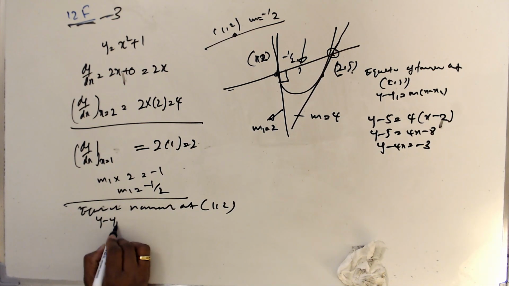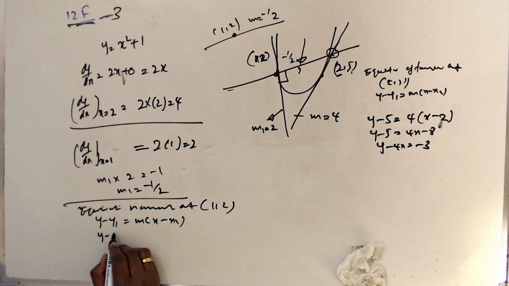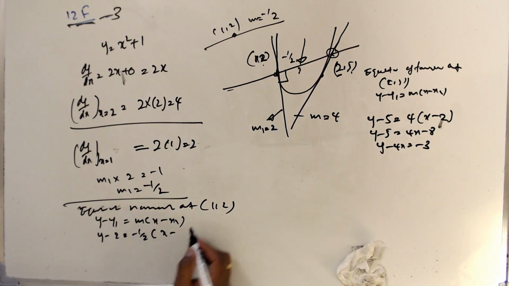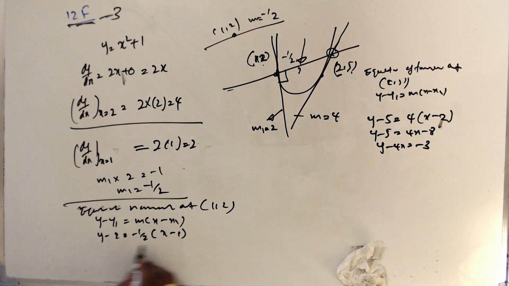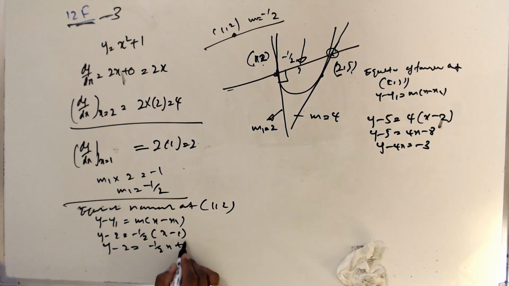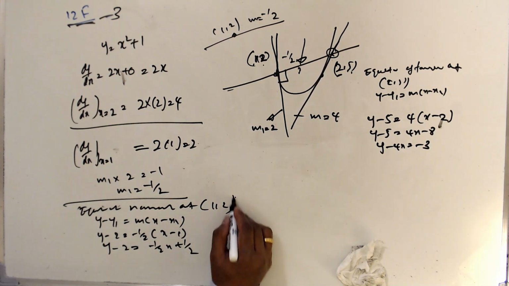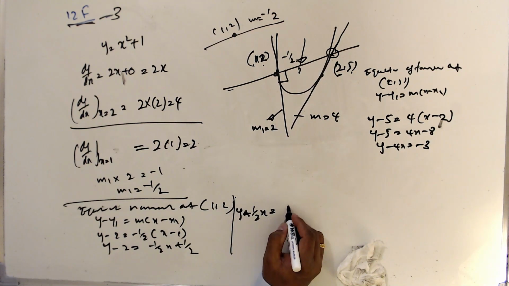So y minus y1 equals m times x minus x1. y1 means 2, m means minus half, x minus 1. So this is going to be y minus 2 equals minus half x plus half. y plus half x equals 5 over 2.